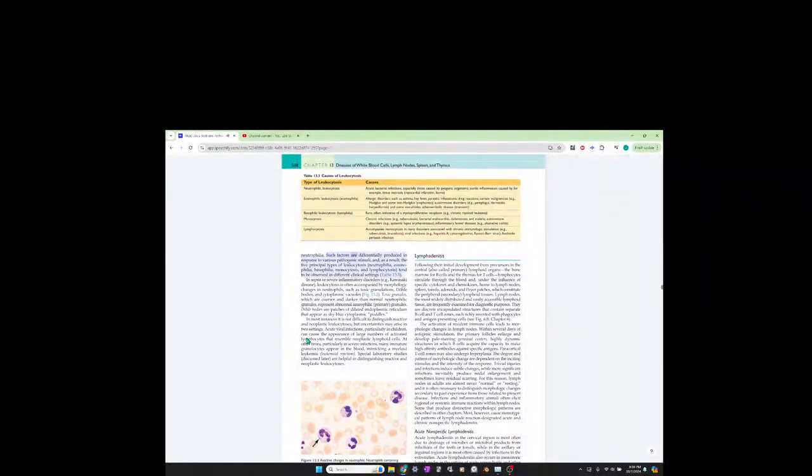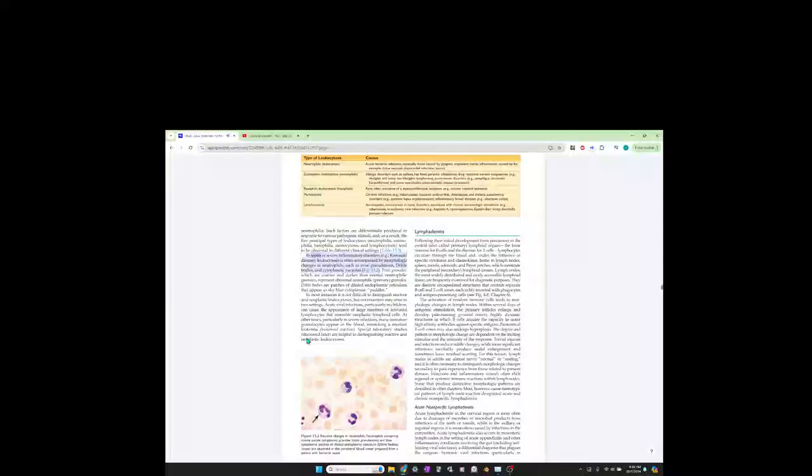Such factors are differentially produced in response to various pathogenic stimuli, and, as a result, the five principal types of leukocytosis tend to be observed in different clinical settings. In sepsis or severe inflammatory disorders, leukocytosis is often accompanied by morphologic changes in neutrophils, such as toxic granulations, Döhle bodies, and cytoplasmic vacuoles.